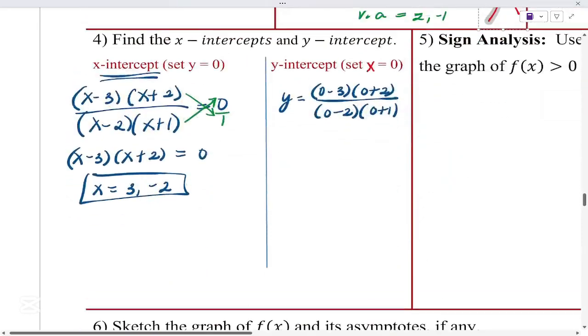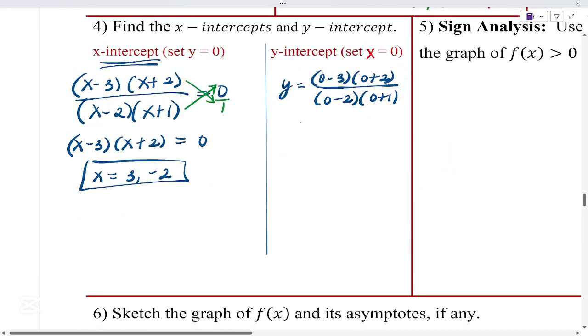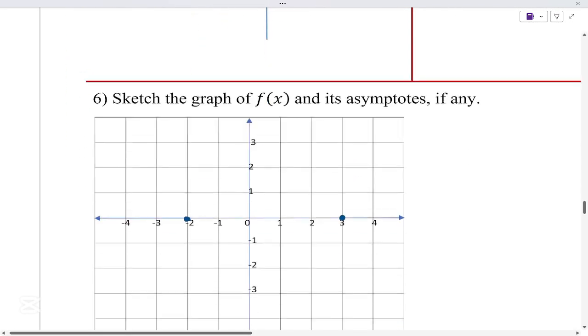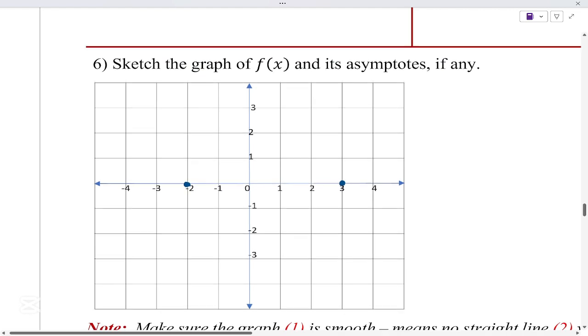Let us simplify this: negative 3 times positive 2 over negative 2 times positive 1 gives us positive 3. So y equal to 3 is the y-intercept. So let us plot the y-intercept at 3.